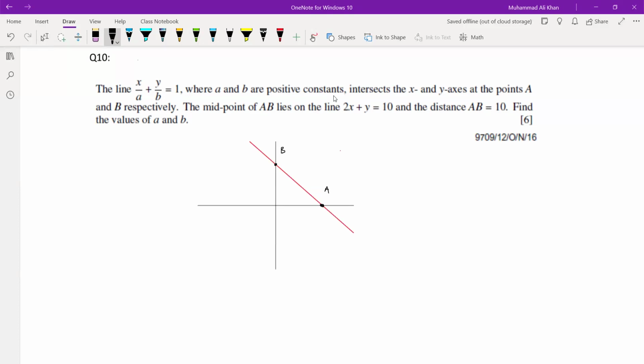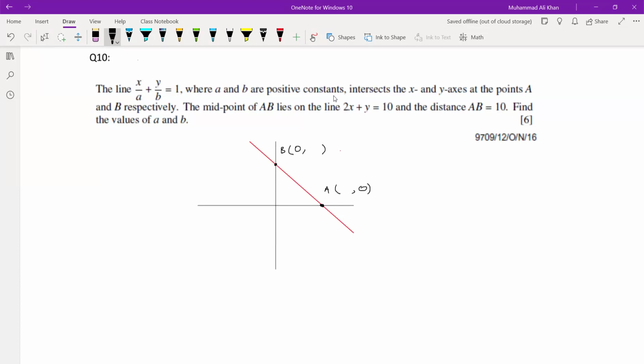First, I am calculating the coordinates of A. If I have to calculate the coordinates of A, then it means y is 0. And for B, x is 0, because B is intersecting the y-axis and A is intersecting the x-axis.